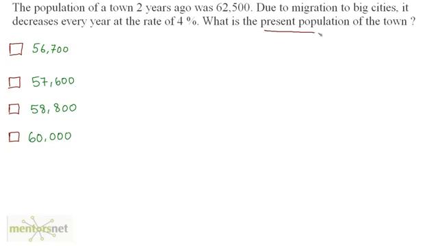So the present population of the town is equal to the initial population, which is 62,500, times 1 minus, because it is decreasing, r upon 100. So r is 4%, the rate is 4%, by 100 raised to 2, because it was 2 years ago.